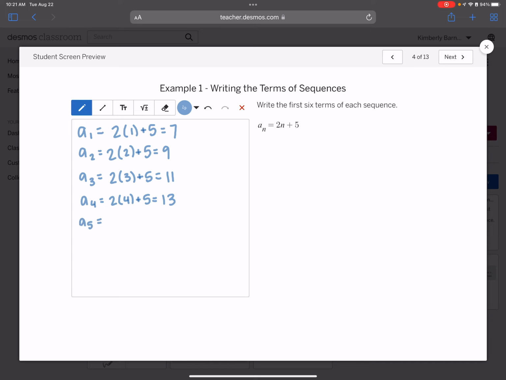A sub 5, 2 times 5 plus 5, that's 10 plus 5, which is 15. And then a sub 6 is 2 times 6 plus 5. So 12 plus 5 is 17. So these are the first 6 terms of our sequence: 7, 9, 11, 13, 15, 17.